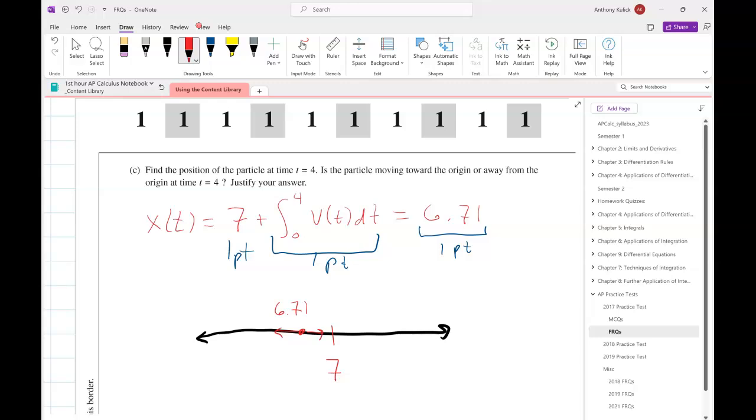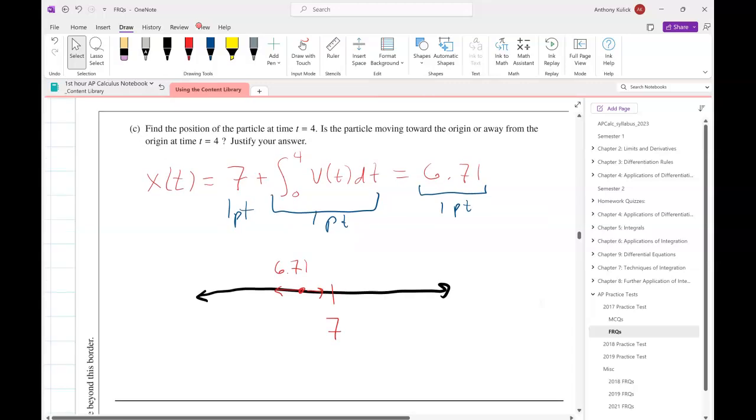Because if we're going backwards, we're moving toward the origin. But if we're going forwards, with positive velocity, we're moving away from the origin, right? What's going to tell me that? If I'm moving forwards or backwards at time 4: the velocity.